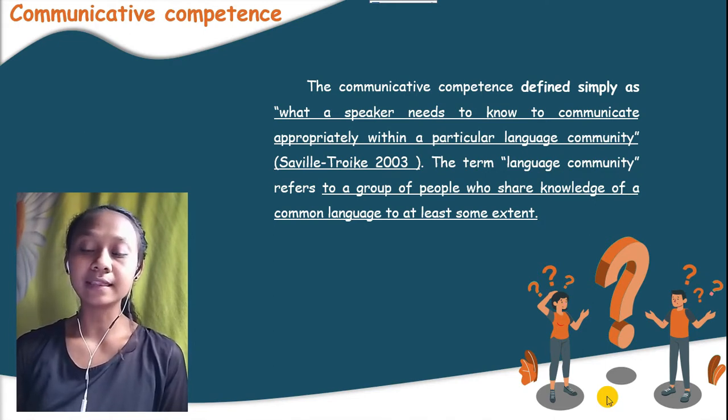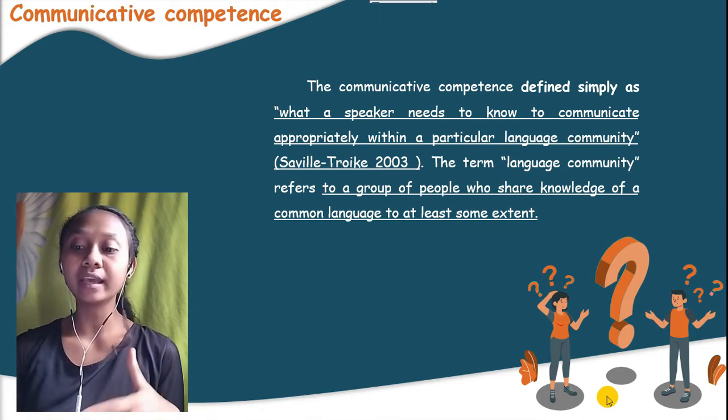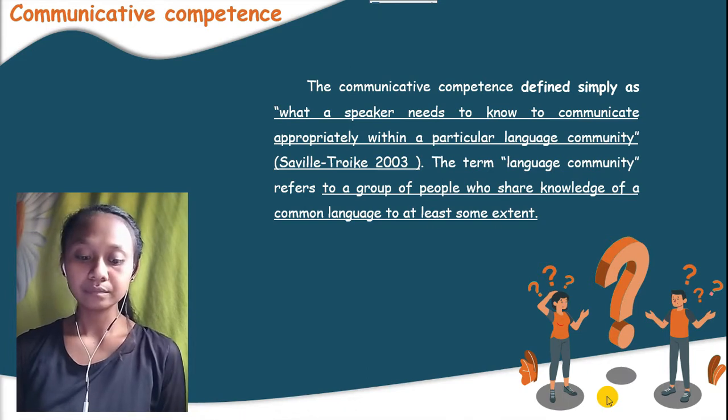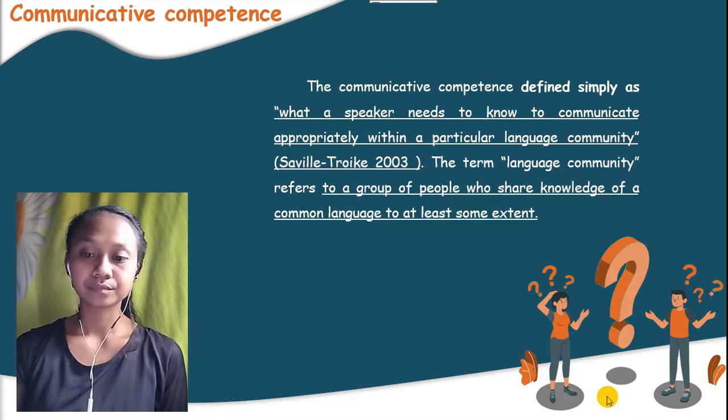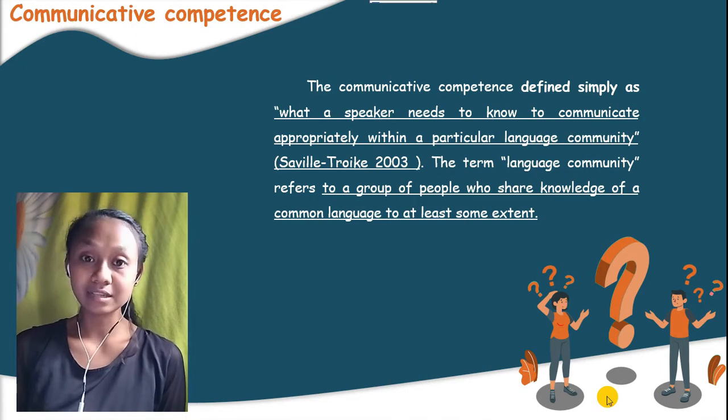For example, the aim of communicative language teaching and the communicative approach is communicative competence. In the classroom, testing communicative competence is challenging.